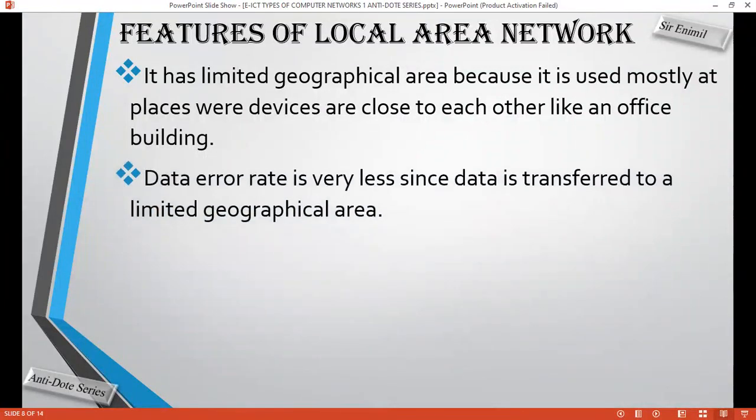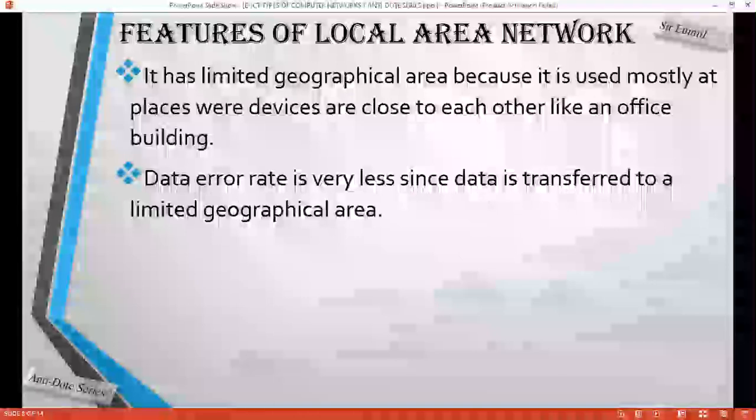Then, data error rate is very low since data is transferred within a limited geographical area. Data error can be caused even by noise in a transmission channel. Transmission goes in the form of signals, and a lot of things happen, like external interferences. Electromagnetic interferences and signals from other places, like radio waves, interfere in signal transmission. So when you're using a local area network, because it is limited in terms of its geographical area or coverage, a lot of these things will not happen.